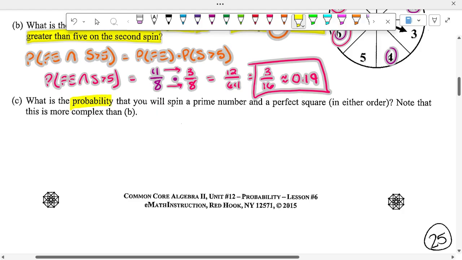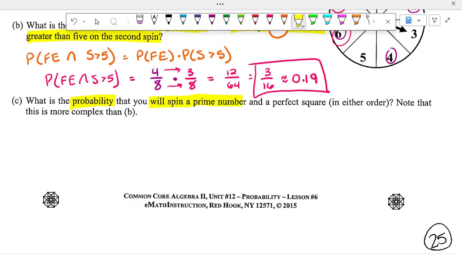So what is the probability that you will spin a prime number and a perfect square in either order? Note that this is more complex than B. Let's think about this one for a second.